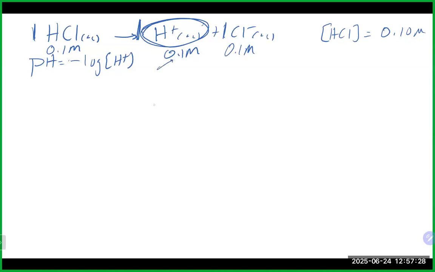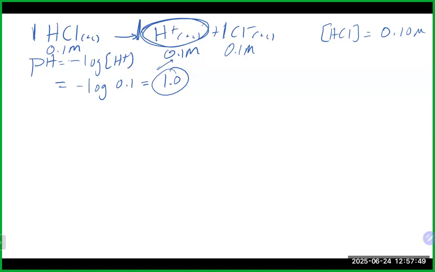So by knowing the strong acid here, we basically know the H plus concentration, and we could put it into our pH equation and get a pH of 1.0 in this case, with one significant figure.